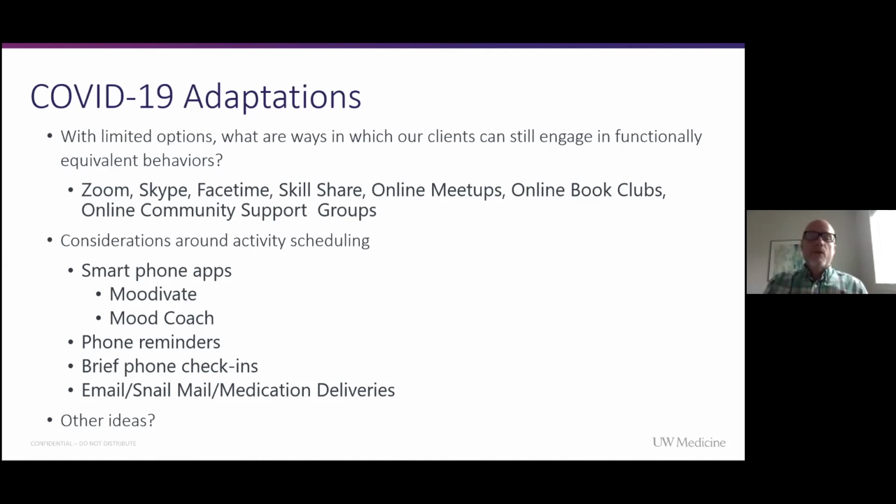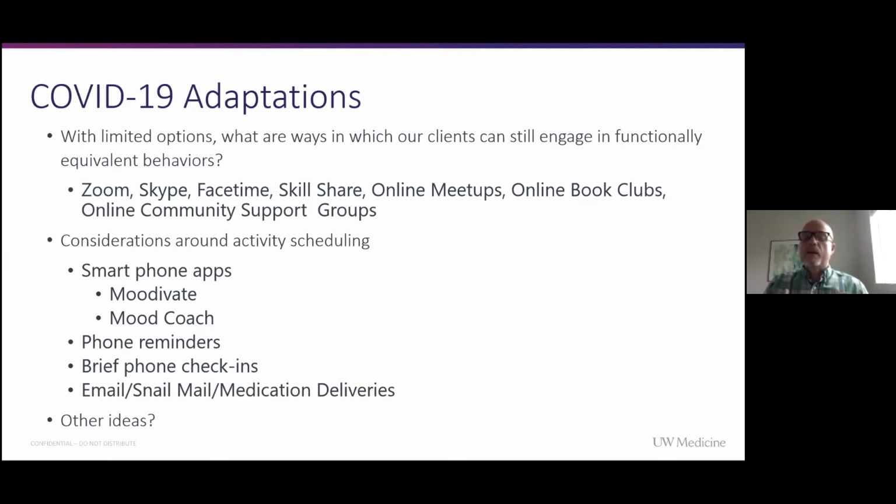So in terms of just functionally equivalent behaviors, I think that there's a few things, obviously, that we could do to facilitate this. So if there's some kind of a social goal where the client has access to a computer, camera, or a smartphone, then obviously setting up video conferencing where they're getting social interaction through Zoom or Skype or FaceTime would be one way in which we can make adaptations.